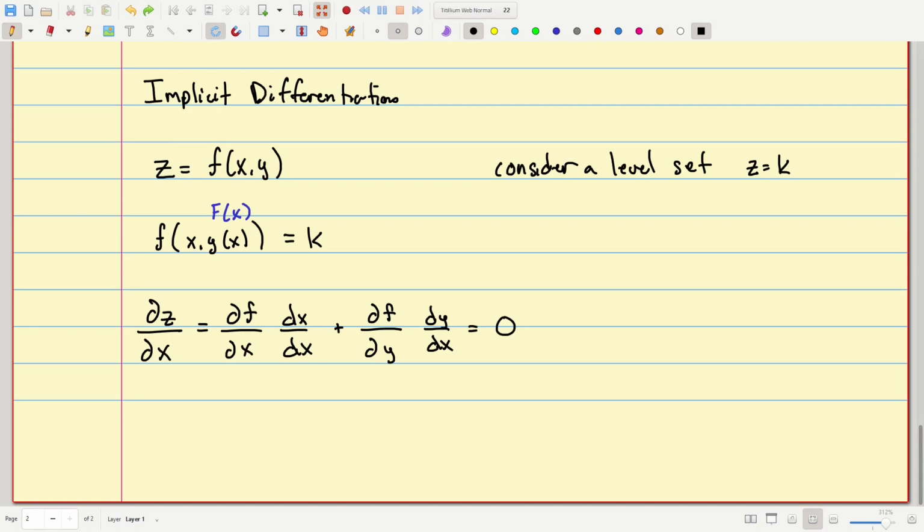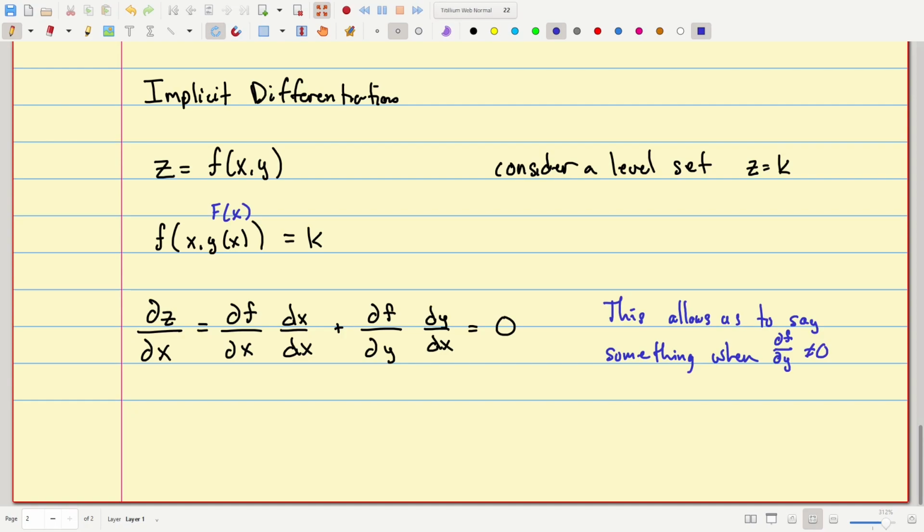Now, this gives us a nice expression, and if the partial derivative of f with respect to y is non-zero, we can say something interesting about this result.